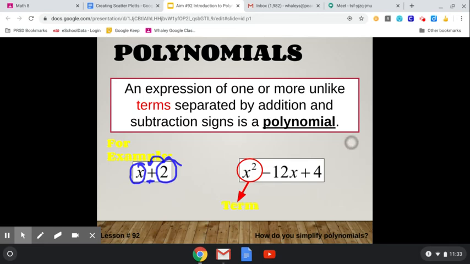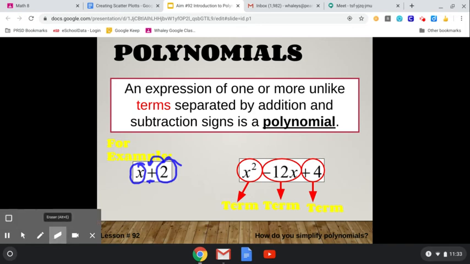One of them is x squared. One of them is negative 12x. And the last one is positive 4. That thing has three terms. You probably heard we call something with three terms a trinomial. That first one has two terms. We call that thing a binomial. Just a specific name for those types of polynomials.